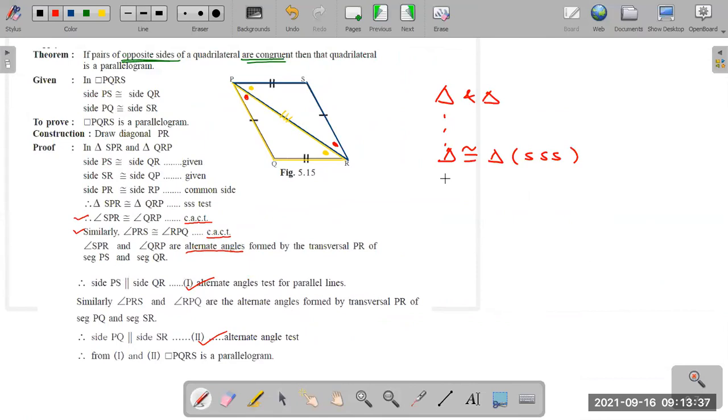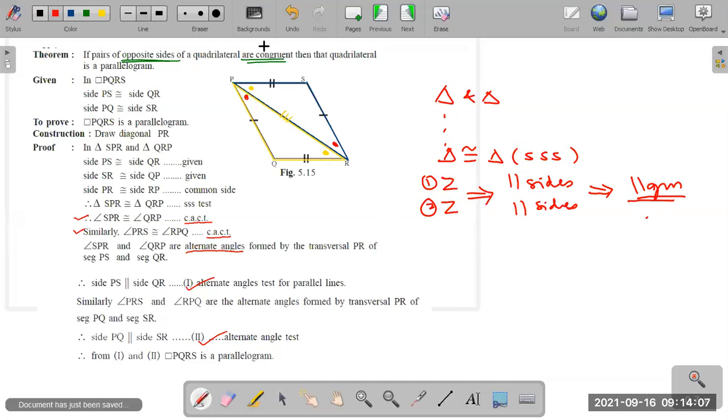Therefore, we got two Z formations, two pairs of angles which are equal and form Z formation. Since there is Z formation, each pair of sides is parallel, and we got two pairs of parallel sides. So two pairs of parallel sides means it is a parallelogram. All right, so that is how we have proved this part.